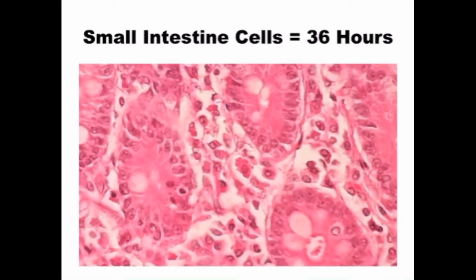Here is where, when starting to drink ionized water, we get the biggest bang for our buck. This is where we really see huge changes because the small intestine cells only last 36 hours. And so if you're sharing water with someone for a couple of weeks, you can just see how many turnovers these small intestine cells would have.